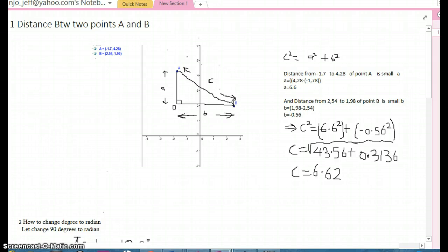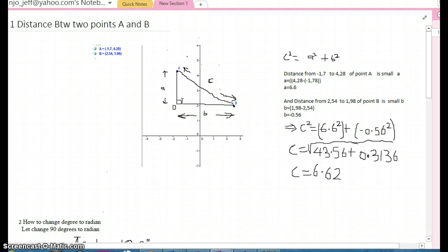If I assume that the distance between the points A and B is C, then from point A, as you can see, I extended vertically to meet another point O, and I extended point B horizontally to meet point O. So this basically is a right angled triangle, right angled at point O.